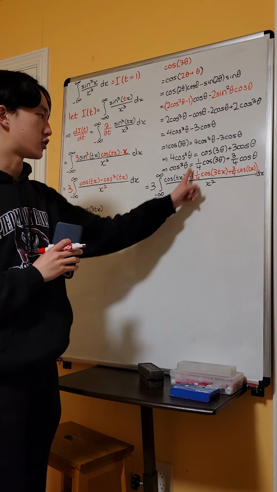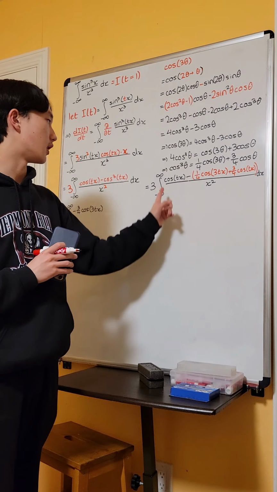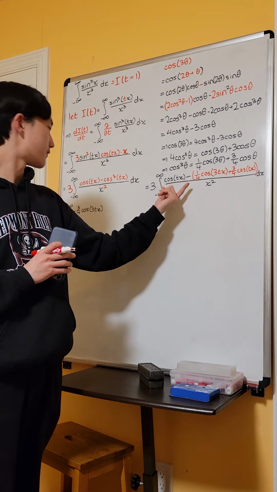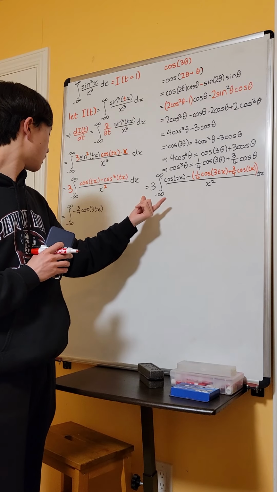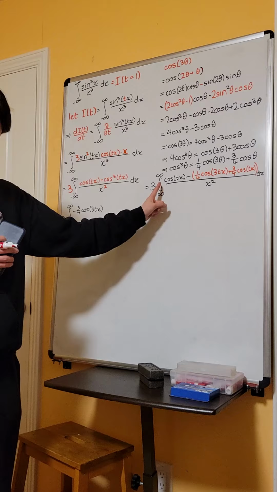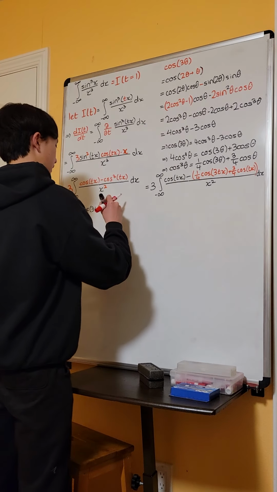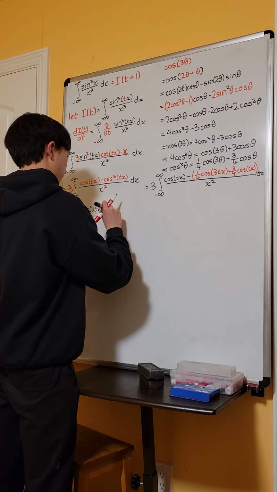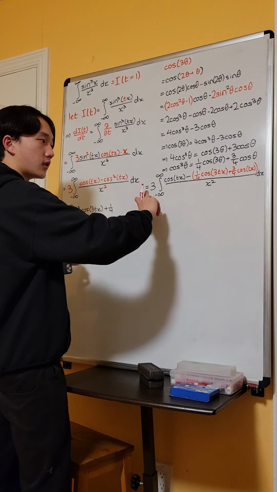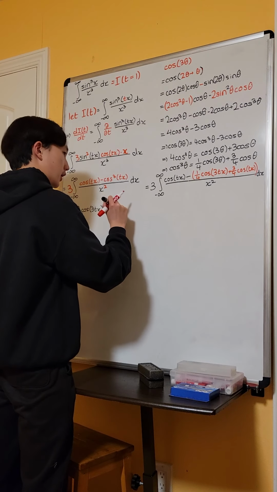And then distributing the negative again, one of these guys minus 3 over 4 of these guys gives you 1 over 4 of these guys. So you get plus 1 over 4. Don't forget, though, you have to distribute into the 3. So this is actually plus 3 over 4 cosine.